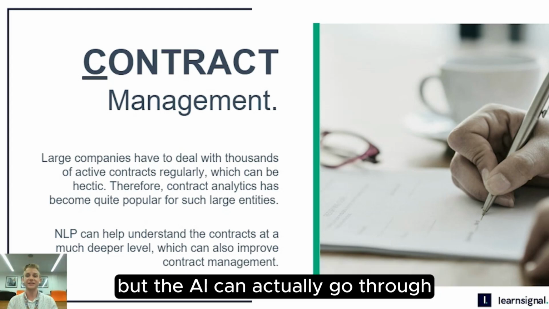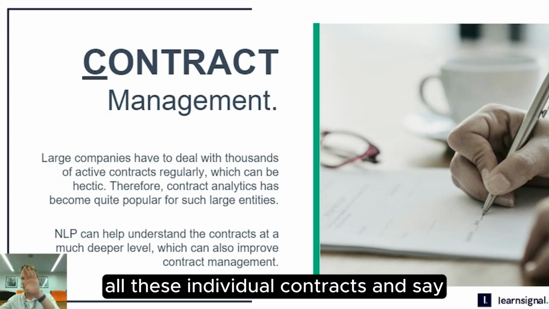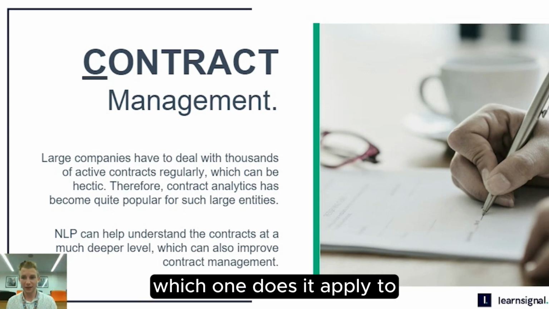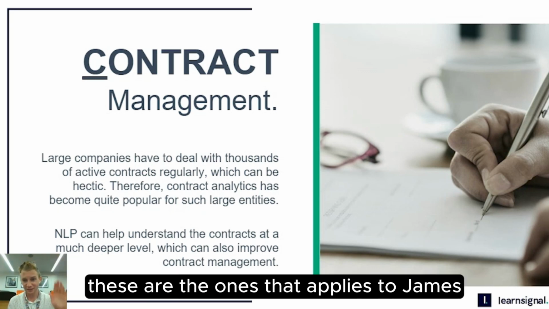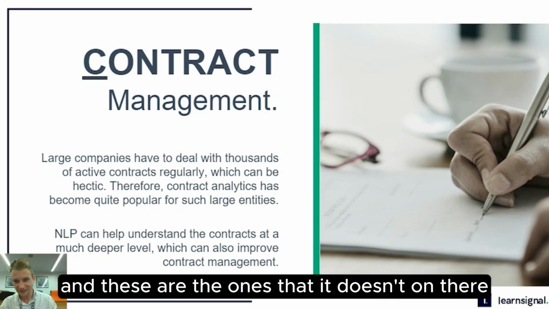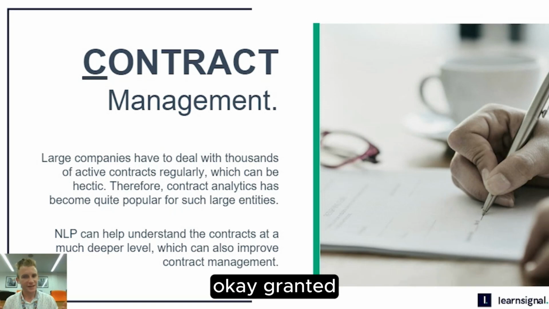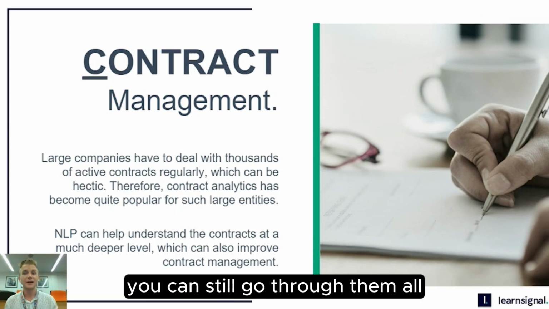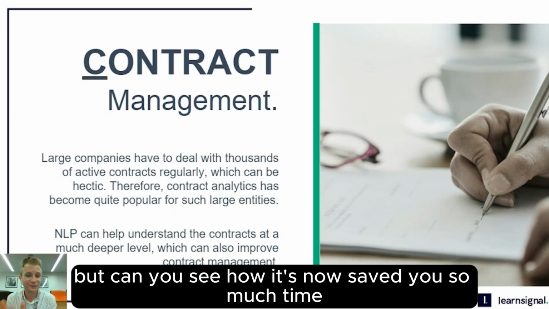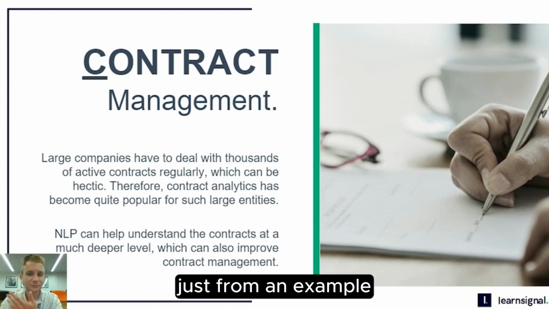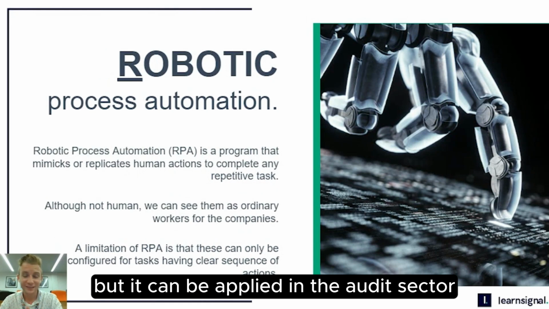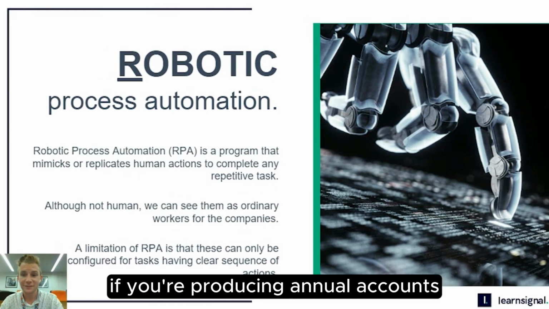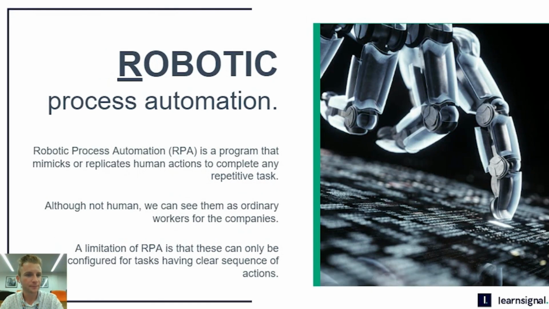Well, the AI can actually go through all of these individual contracts and say, which one does it apply to, put it into an overall report, and then you can say, these are the ones that it applies to, James, and these are the ones that it doesn't. Okay, granted, you can still go through them all, but can you see how it's now saved you so much time, just from a contract point of view, but it can be applied in the audit sector and also in practice if you're producing annual accounts.